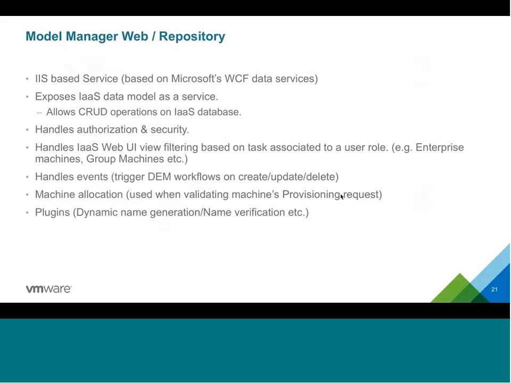And when you deploy IaaS components, you get another set of web pages. A few of the pages are taken from the cafe appliance, and a few are taken from the IaaS model manager web host through the IaaS service. This is what it gives you.